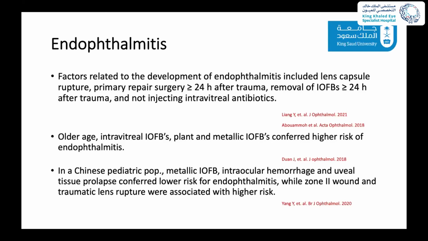And for the pediatric age group in a Chinese study, they found that actually metallic foreign bodies and intraocular hemorrhage meant a low risk of endophthalmitis, while zone 2 injury, which is scleral or corneoscleral, and traumatic lens rupture were associated with a higher risk of endophthalmitis.